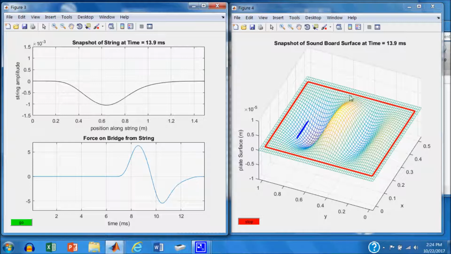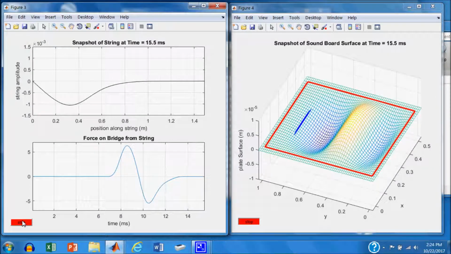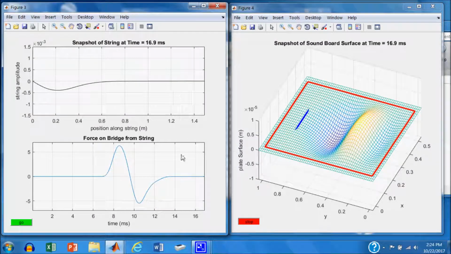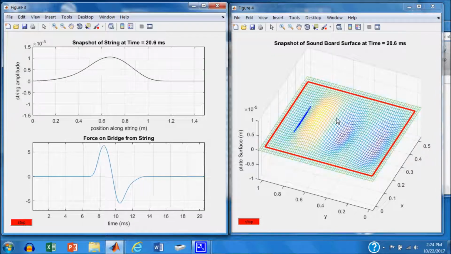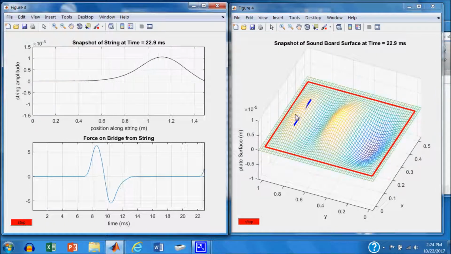And now we have some activity over here as these waves are moving back and forth in the soundboard. So we don't have any more activity at the bridge because the slope is 0, but we have some activity on the soundboard. These waves have been reflected, moving back up.